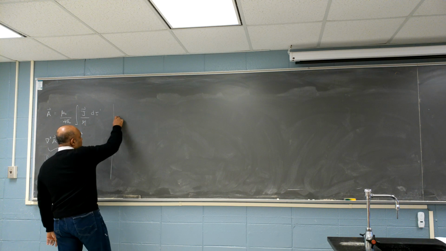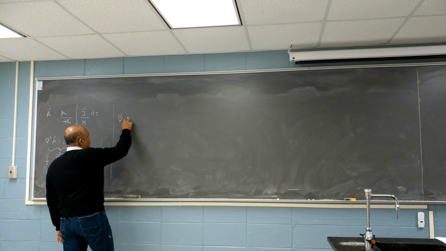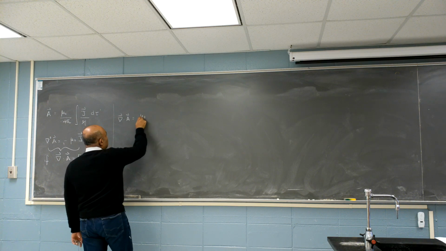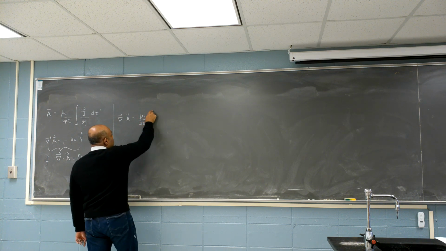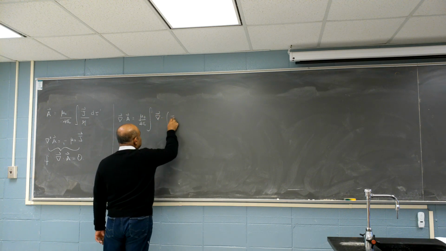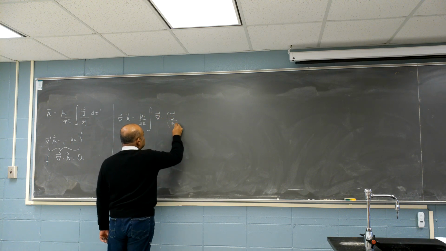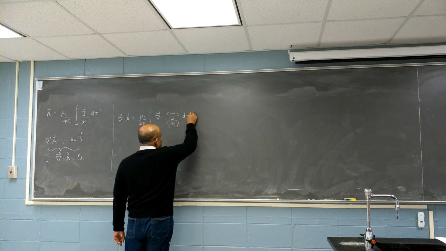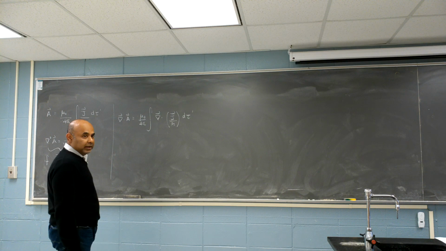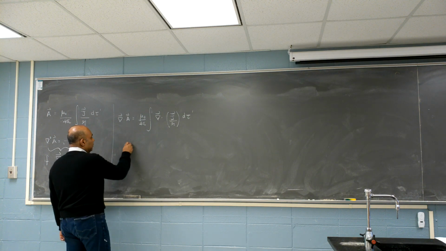Let's see, divergence of A equals mu 0 over 4 pi, the integral of the divergence of J over this quantity, d tau prime. Correct? And then we'll do a little trick.